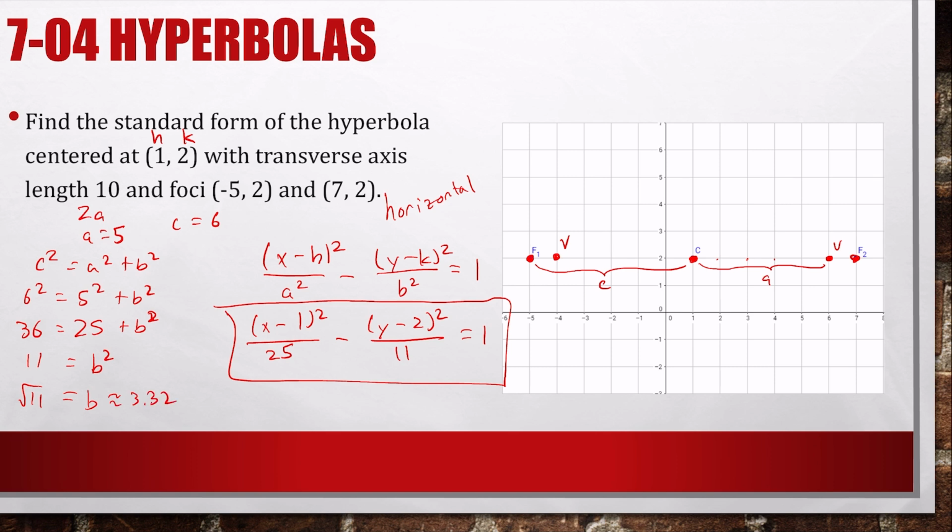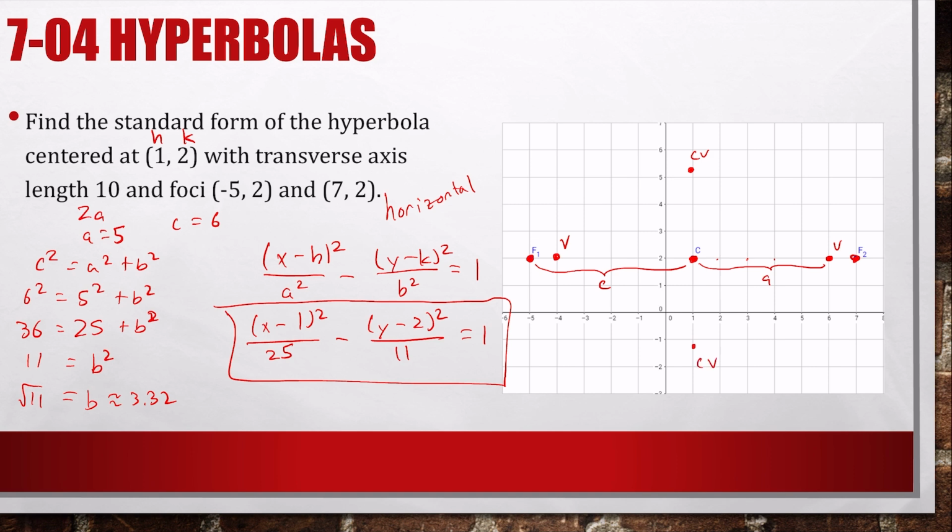So from C, I'm going to go up 3.32. That's a covertex. And I'm going to go down 3.32. And that's another covertex.